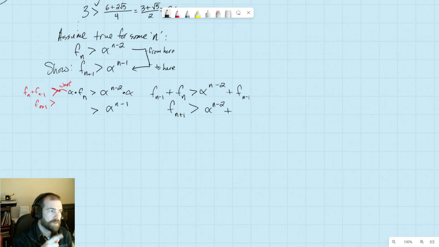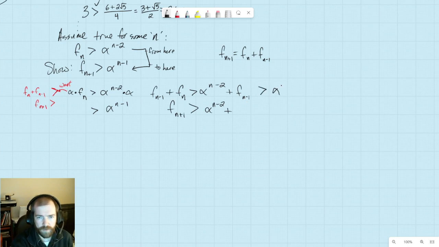Yeah, no. So I'm trying to add the previous number to create f sub n plus 1. So remember that f sub n plus 1 is going to be equal to f sub n plus f sub n minus 1. Right. So we're trying to create f sub n plus 1 from the previous terms, which then means that this is going to be greater than alpha to the n minus 2 plus f sub n minus 1, which is greater than alpha to the n minus 3.